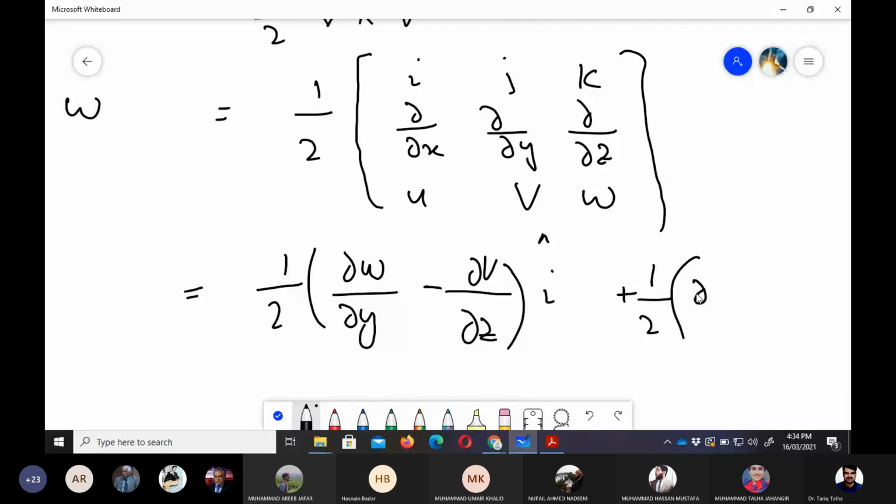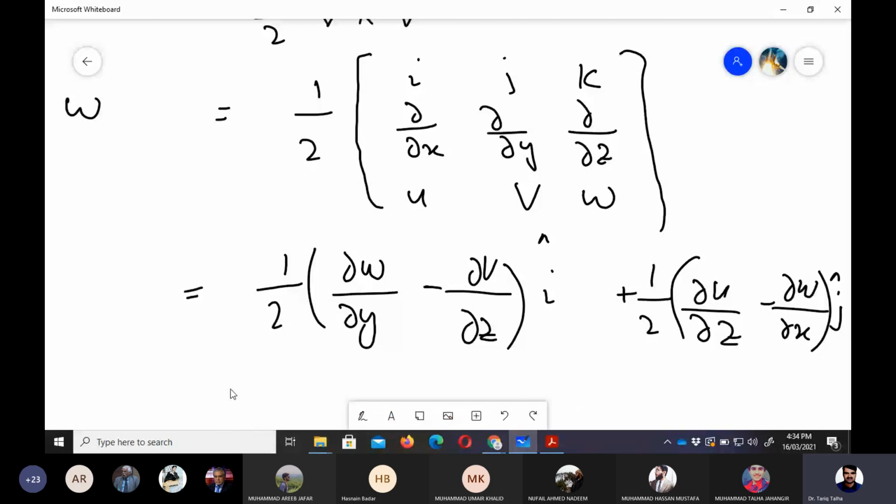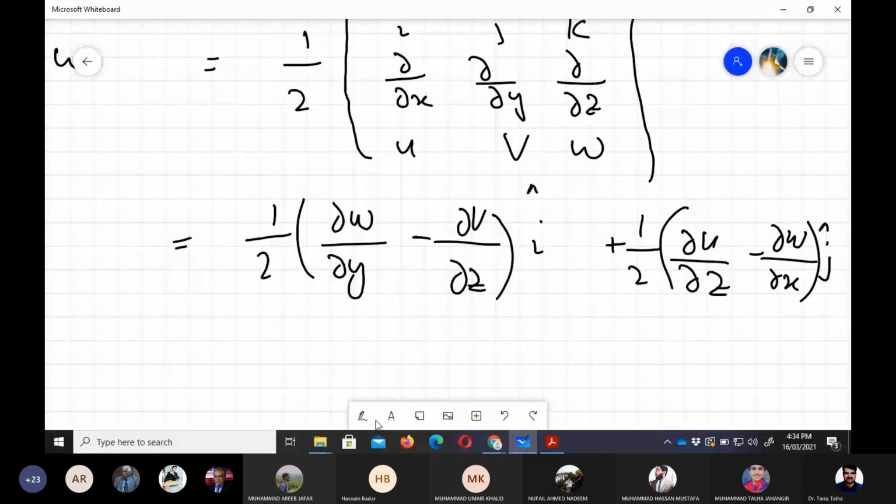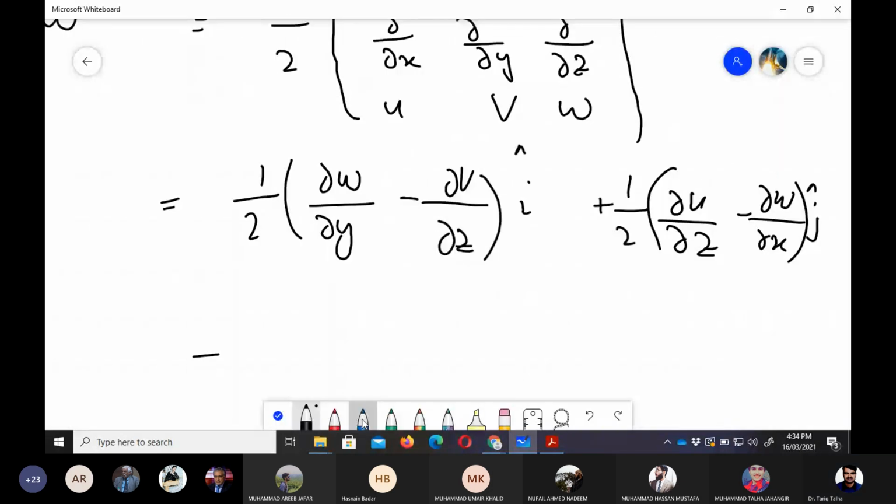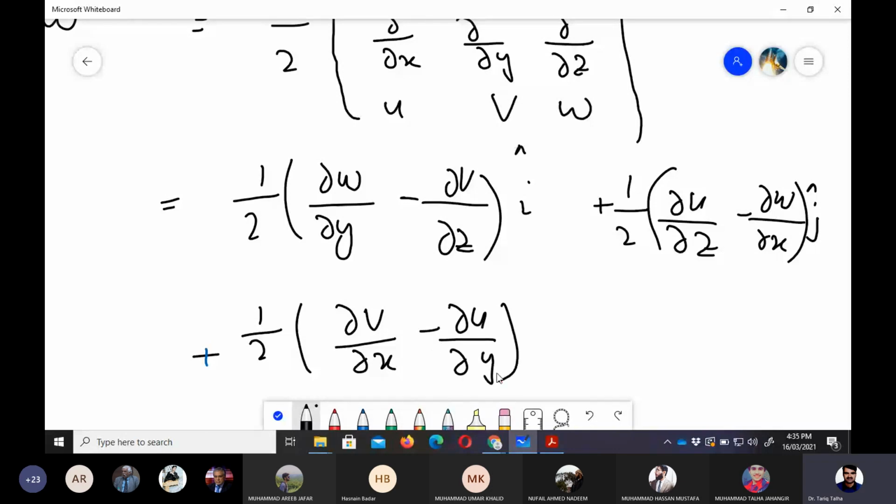प्लस half into, यहाँ पे अब क्या हो जाएगा, partial u by partial z minus partial w by partial x, j हो जाएगा, and then the third component would be plus half into partial v by partial x minus partial u by partial y, k.